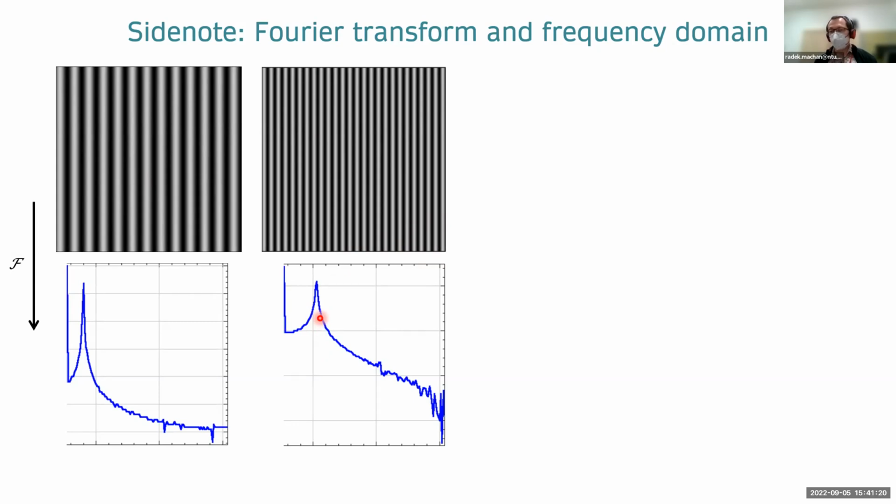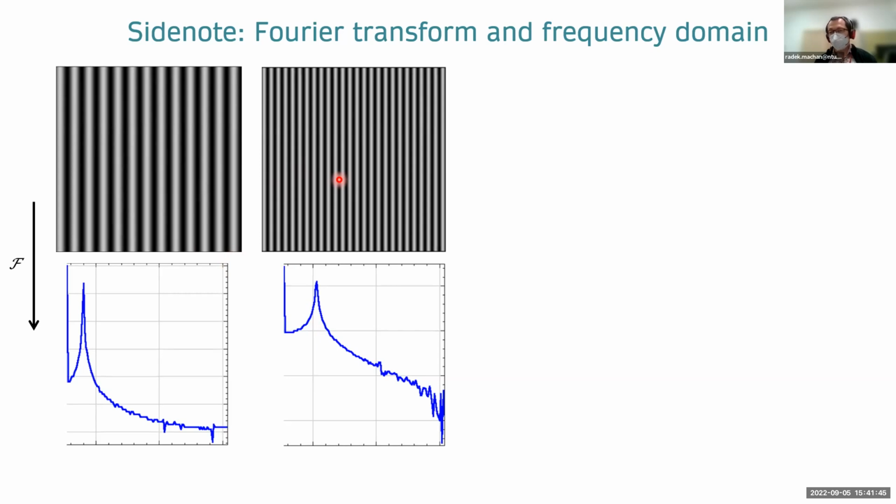So we have two alternative ways to describe an image. We can represent it in the spatial domain, which is the usual way we observe images, but it can alternatively be described in the frequency domain. These two are related by the Fourier transform.